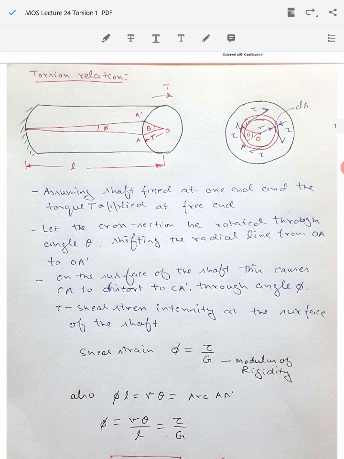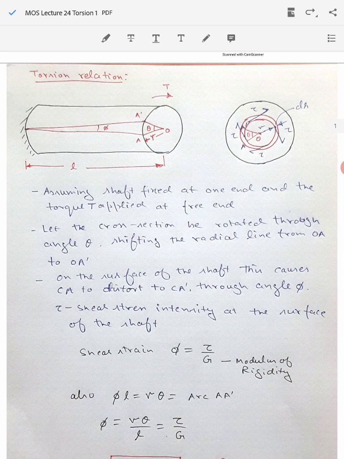The radius of this element is small r, so the circumference will be 2 pi r, and the thickness of the element is dr. So the area on which this stress is acting is 2 pi r multiplied by dr. Stress multiplied by area gives us the force. So the shear stress tau multiplied by the area on which it is acting, 2 pi r multiplied by dr, gives the amount of force acting on this element.